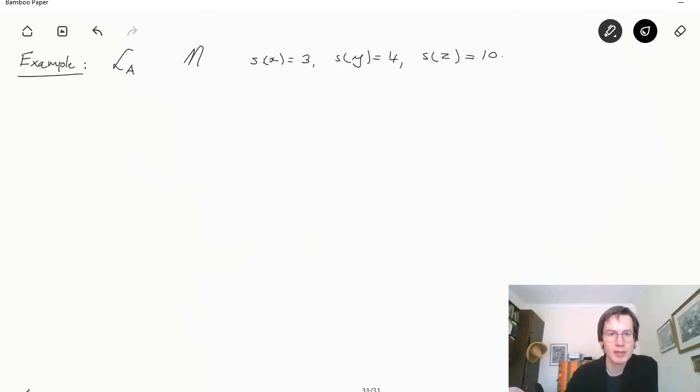Now, I'm not going to specify what S does to the other variables. Remember, you always have infinitely many variables. I could say, well, let S do something arbitrary to them, or send them all to 5, or whatever. But as we will prove a little later on, it doesn't really matter. As in the case of propositional logic, formulas are locally determined.